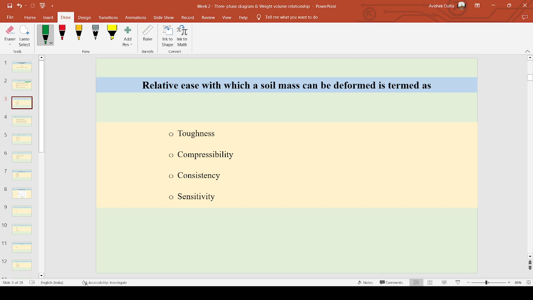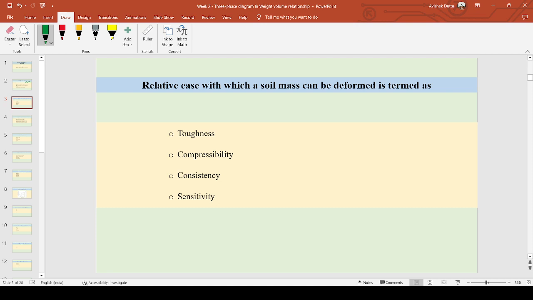What is compressibility? When any external force acts on the soil, its volume decreases. Yes. The property by which the volume of a soil decreases on the application of external force is called compressibility.